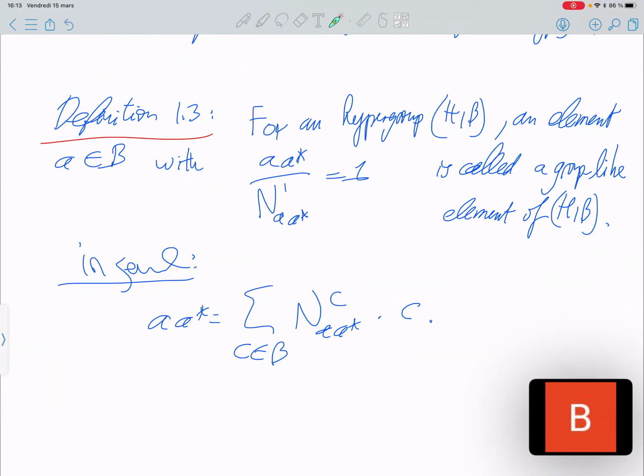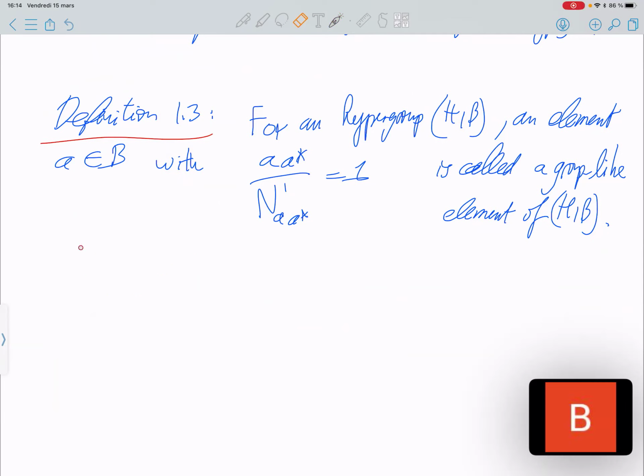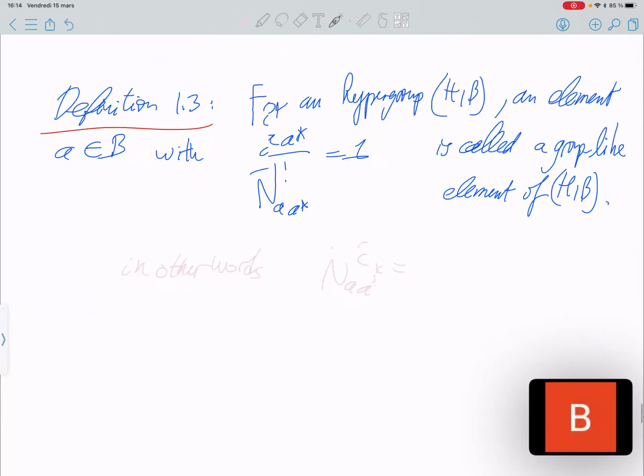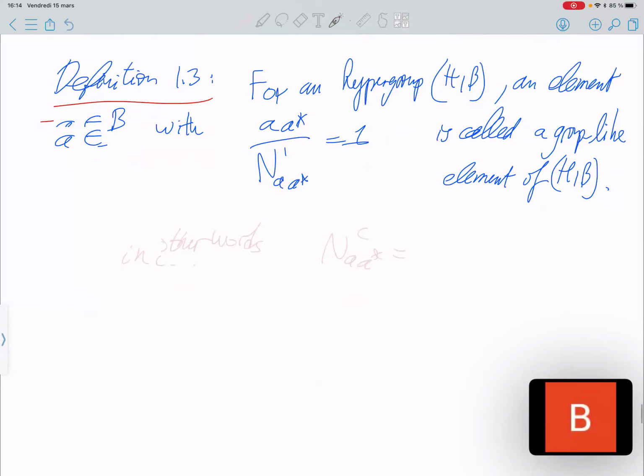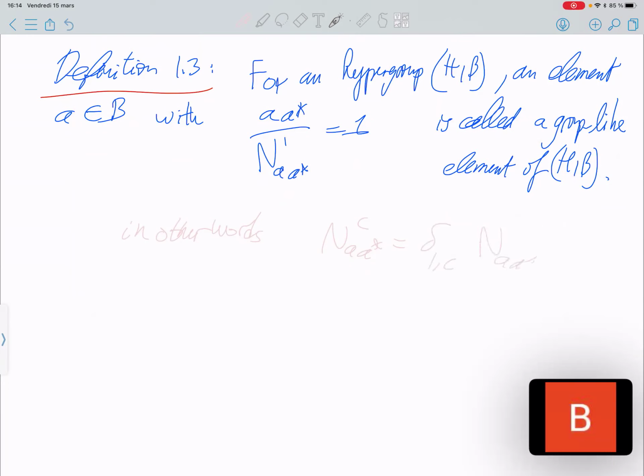And then we renormalize like that. In other words, n A star C equals delta 1C times n A star 1.